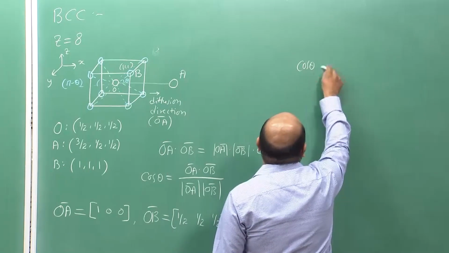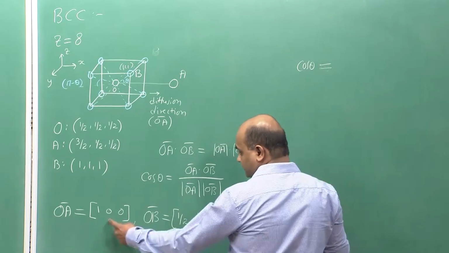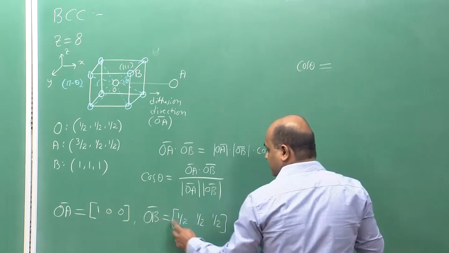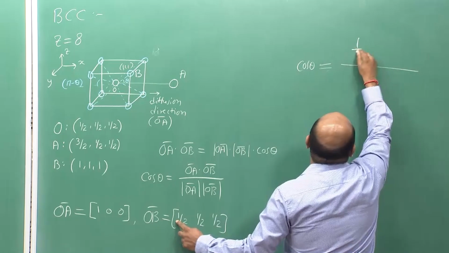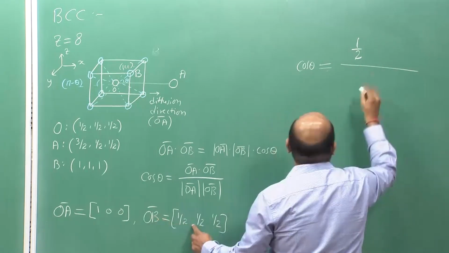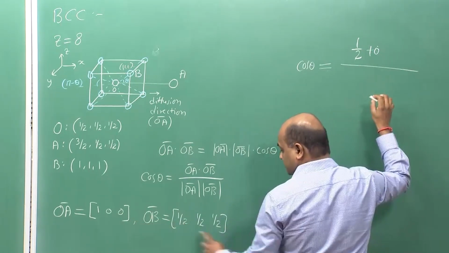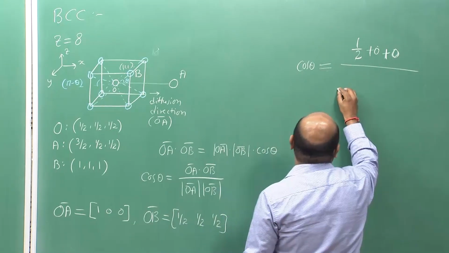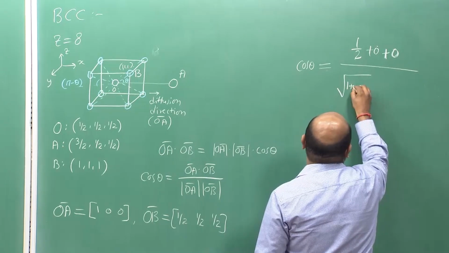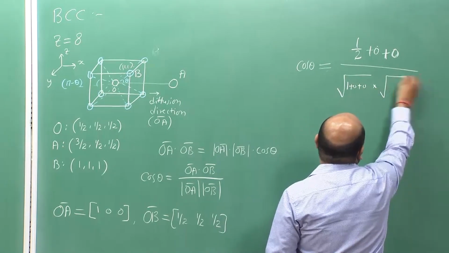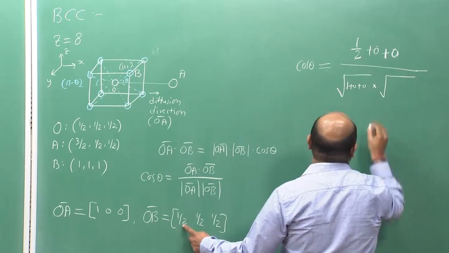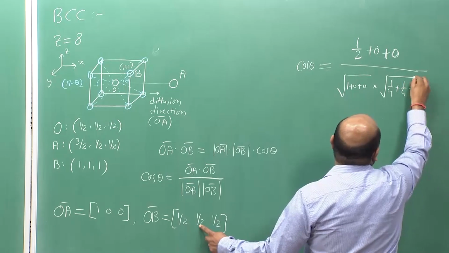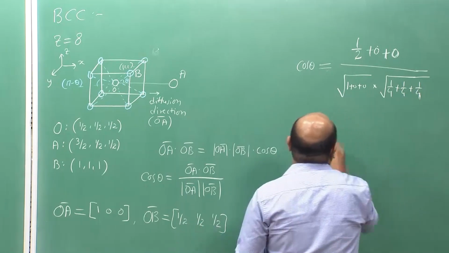So, my cos theta will be the dot product of 1 0 0 and half half half, which would be 1 times half plus 0 plus 0 times half, divided by the magnitude of OA bar, which would be square root of 1 plus 0 plus 0, times the magnitude of OB bar, which is square root of half squared 1/4 plus half squared 1/4 plus half squared 1/4.